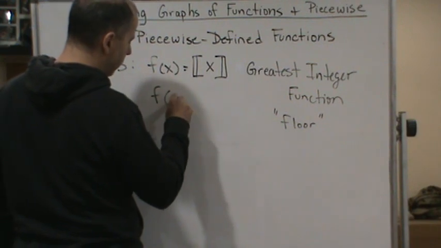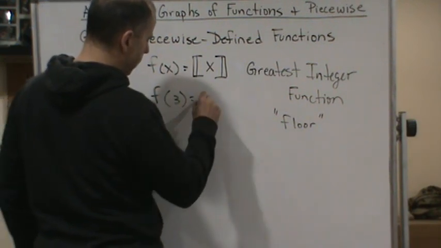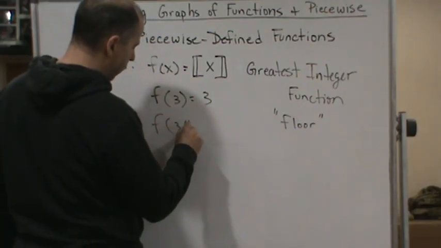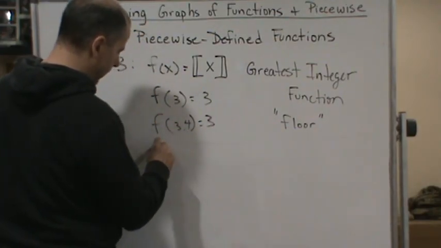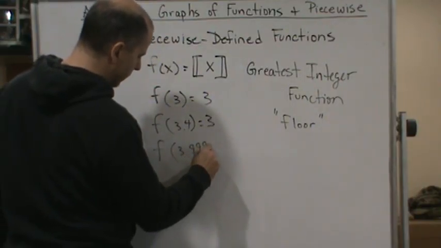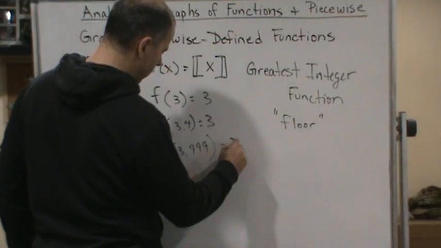So if I stick in f of 3, that's going to give me 3. If I put in f of 3.4, that's going to equal 3. If I put in 3.999, that's going to give me 3.